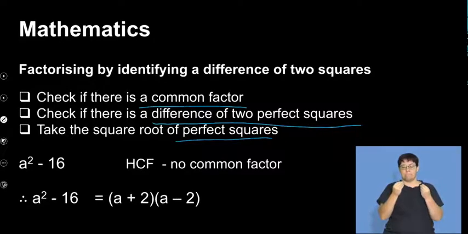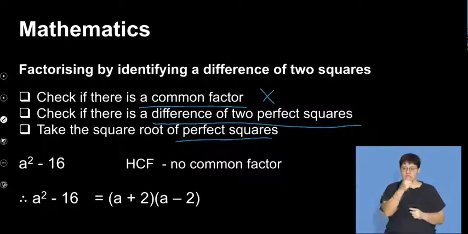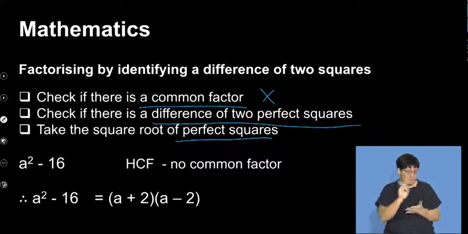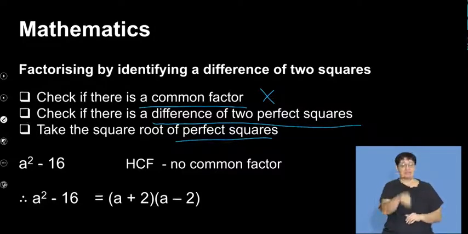So here you can see a squared minus 16, is there a common factor? No. So the first step, meaning we don't take out a common factor. We look at the second step. Check if there is a difference of 2 perfect squares. A squared and 16, are they perfect squares? Yes. Is it a difference? Yes. Therefore, it means this is a difference of 2 squares.